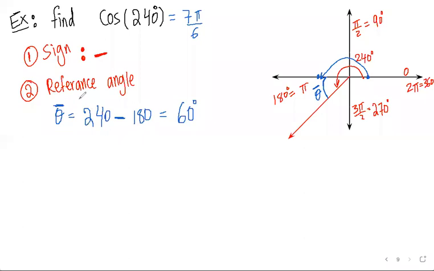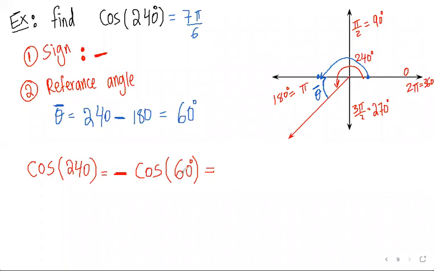So now, after I find the reference and I know the sign, I can solve this one. I can set cosine of 240 degrees equal, the sign is negative, cosine of the reference, 60. Now, by using the table from the previous class, what is the cosine of 60?